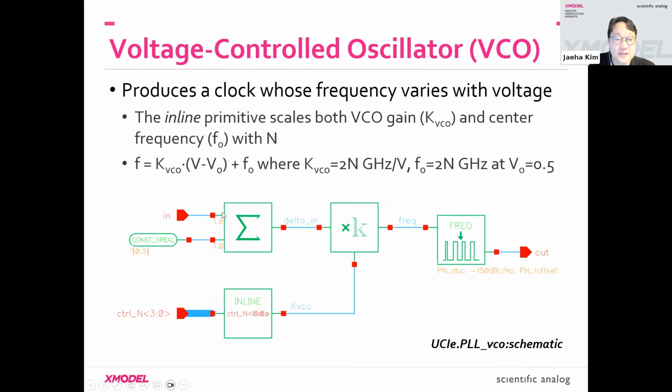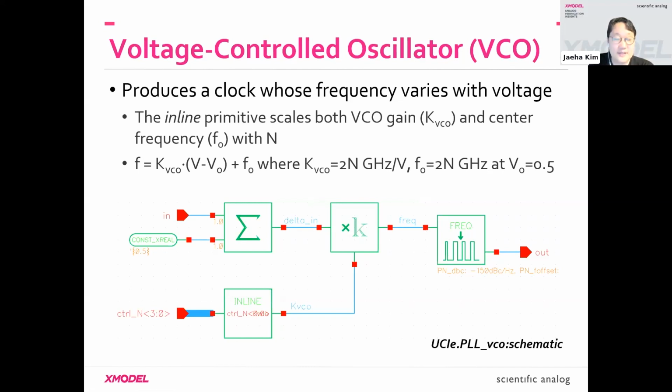This is what's called the add primitive, which can also perform subtraction by giving a negative weight, and then you scale it with the VCO gain, whose gain is actually determined by some inline primitive as a function of the control code. And that will determine the frequency value. And we use this primitive called frequency-to-clock primitive to generate a clock with that frequency.